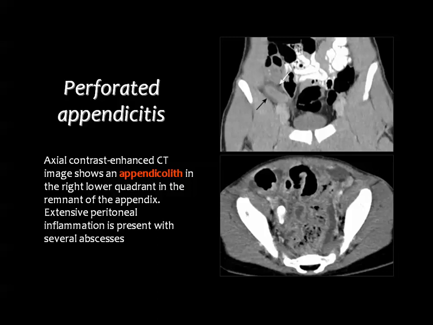Sometimes, whenever they are trying to remove the appendix by endoscope, the appendicolith may be missed inside the abdomen, and it will act as a foreign body, and it may result in some suppuration and inflammation, and also abscesses in the abdomen. This is very important to be taken out with the appendix.